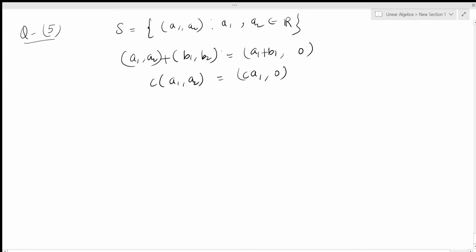Addition and multiplication are defined this way. So your c belongs to real numbers, that means this is your field. We have to check all the properties. As you know, a1 plus b1 belongs to R, 0 belongs to R, that means this belongs to S, and this belongs to R, 0 belongs to R, that means this belongs to S. So the closure property is satisfied here.